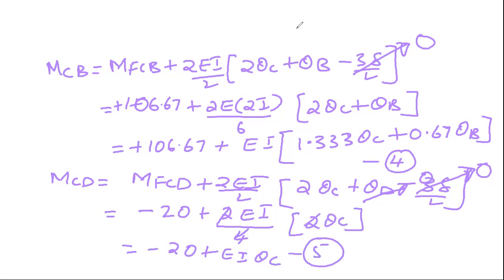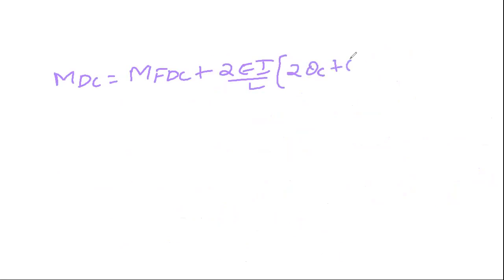Okay, so next last one is our MDC formula. So MDC is equal to MFDC plus 2EI by L into 2 times of first subscript, and 1 time of second subscript, minus 3 times of delta by L. Here this term will become 0 right now, and this is also 0.